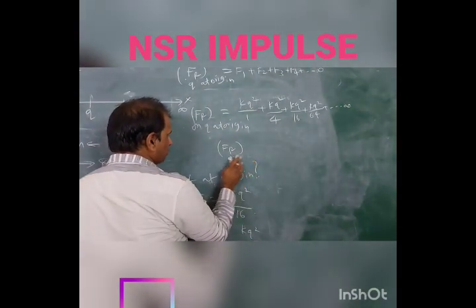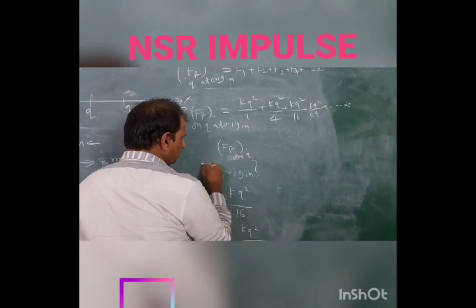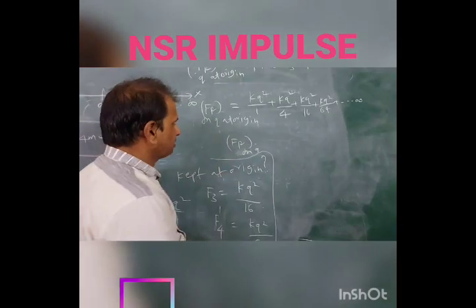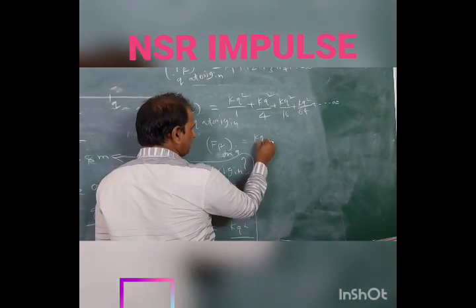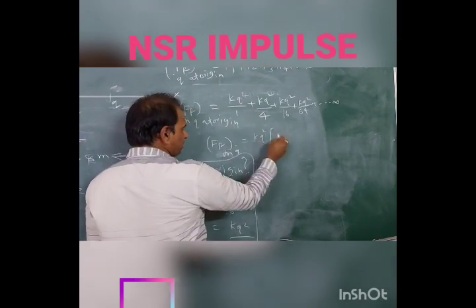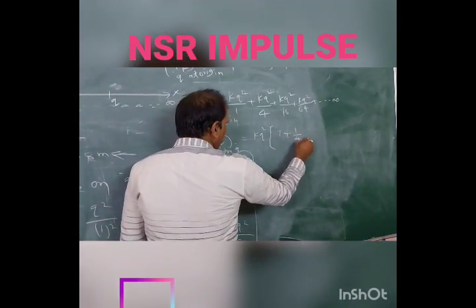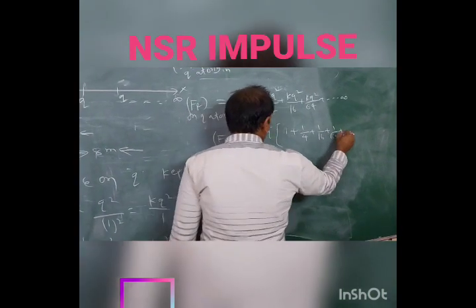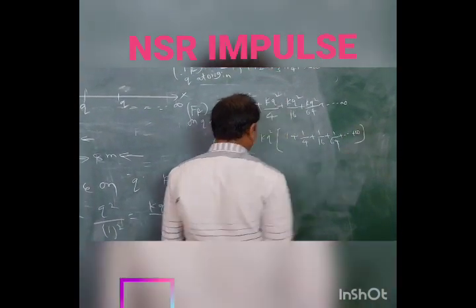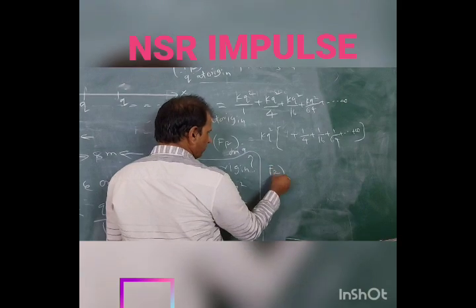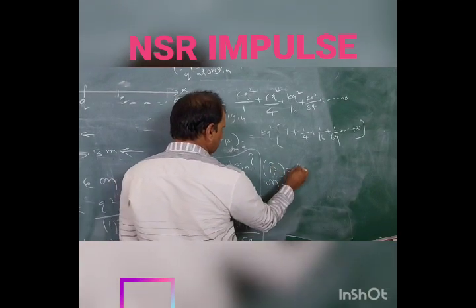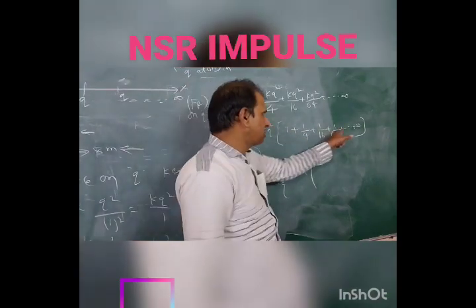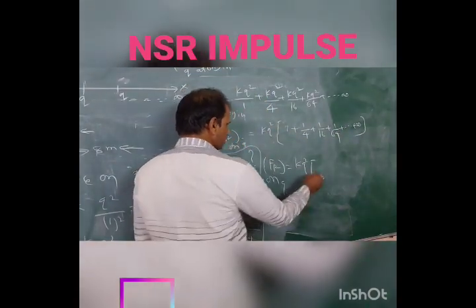Resultant force on Q at the origin is equal to, you can take kq square common. This becomes 1 plus 1 by 4 plus 1 by 16 plus 1 by 64 plus so on to infinity. So resultant force on Q is kq square times the summation of an infinite geometric progression.